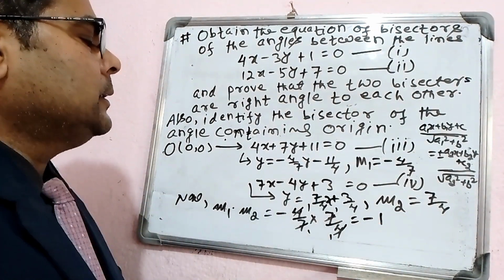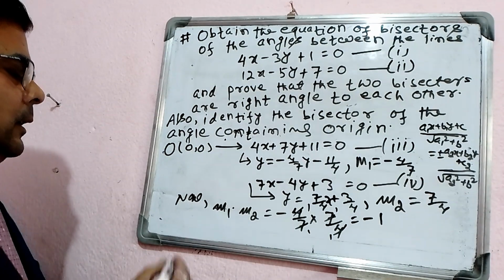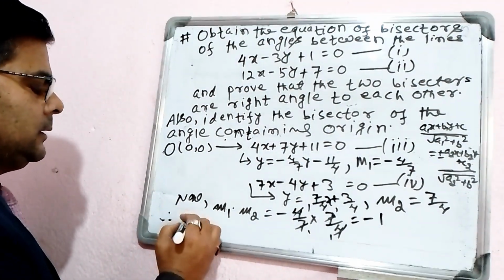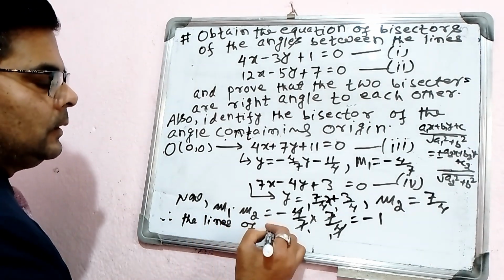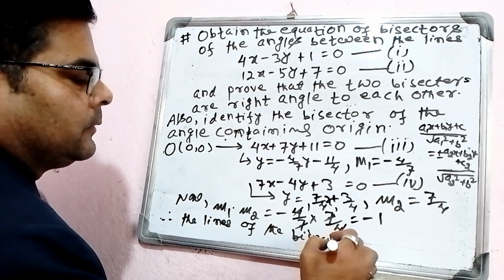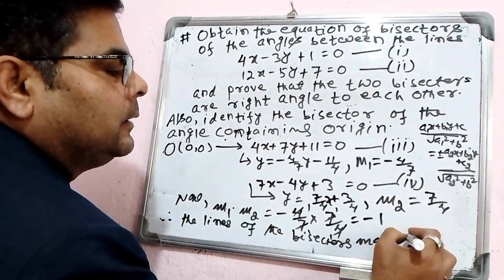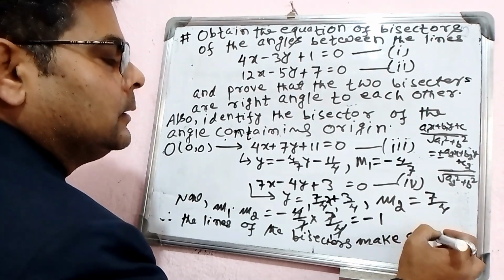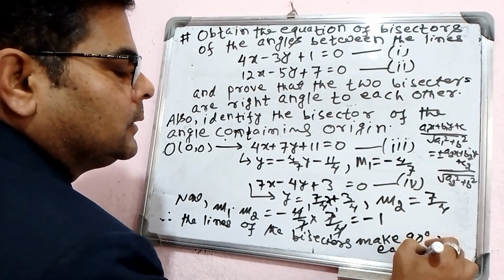And this is the condition that two straight lines are perpendicular to each other. Therefore you can say that the lines of the bisectors make an angle of 90 degrees to each other.